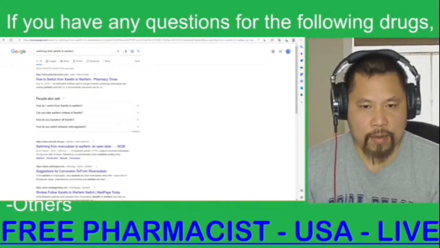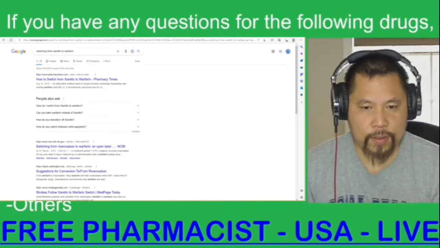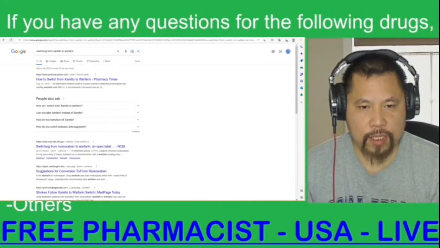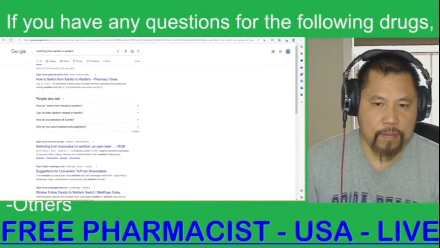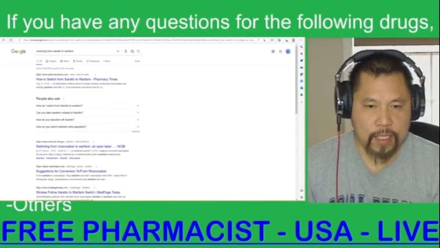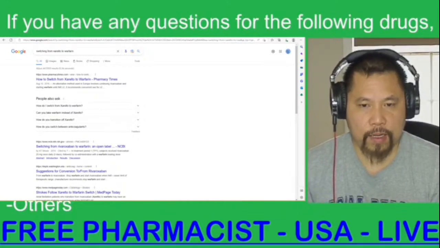And then recheck in about 3 days to make sure the patient is not at risk of blood clot or stroke. And then make sure the patient is not continuing to take both medications, the Xarelto and warfarin. Okay.